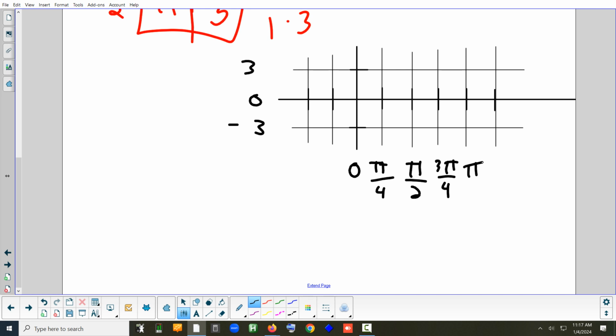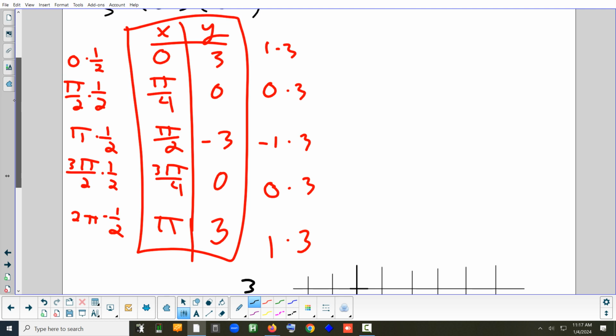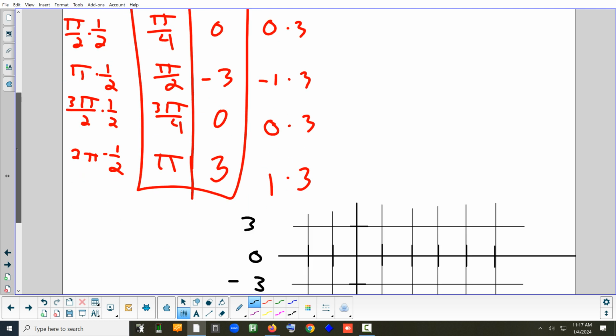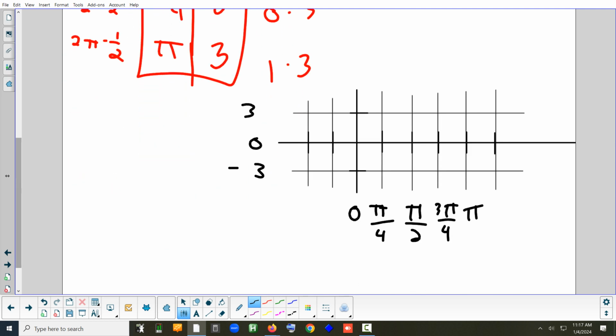Okay, so we got our x's. 3, 0, -3, 0, and 3. Okay, again, it's not going to look like a vertical stretch because we changed the scale. It also doesn't look like a horizontal stretch because we changed the scale. It looks like the regular V shape we always do, but the scale has changed.